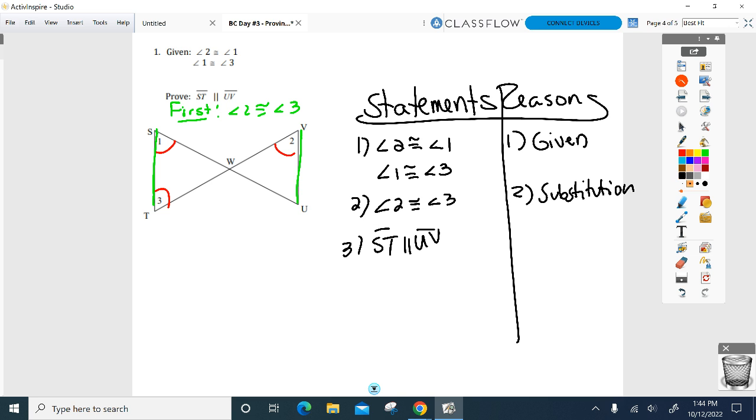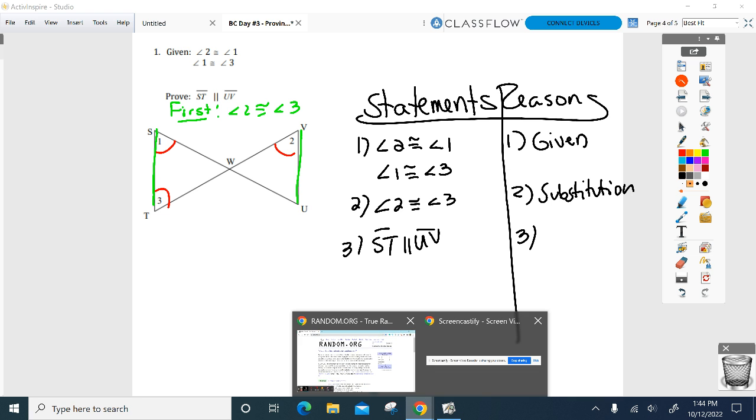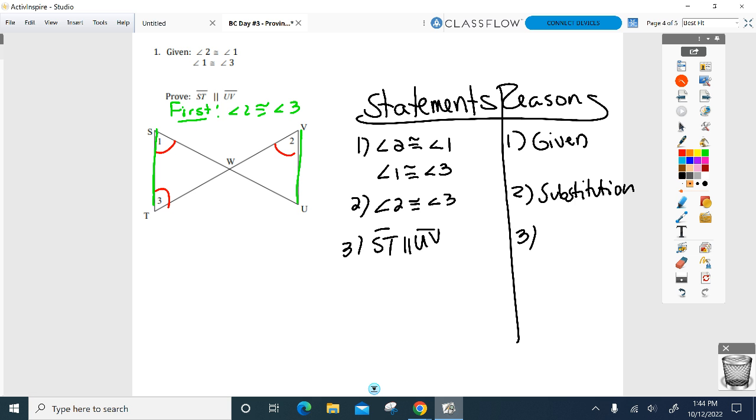So identify a special pair first. All right, let's see if you got this. What am I going to write for my reasons? Why are they parallel? Here we go. What type of angles do I have? Same side interior. When did that come up at all during this proof? What we just proved, 2 congruent to 3. Look on your diagram. 2 and 3 are what type of angles? Are they inside or outside my lines? Inside. Are they on opposite sides or the same side?